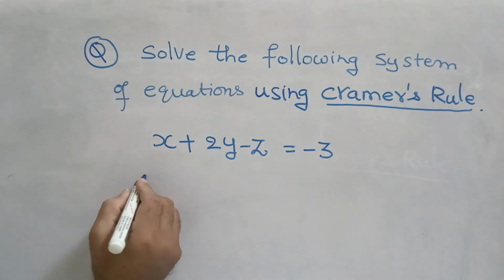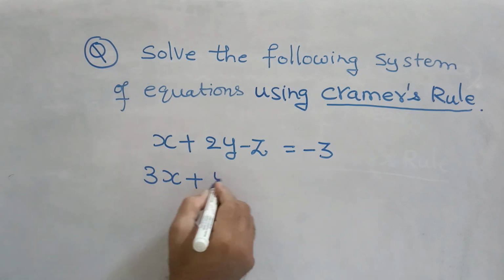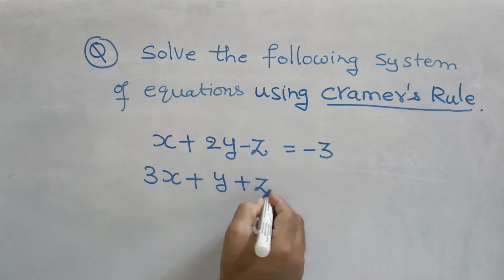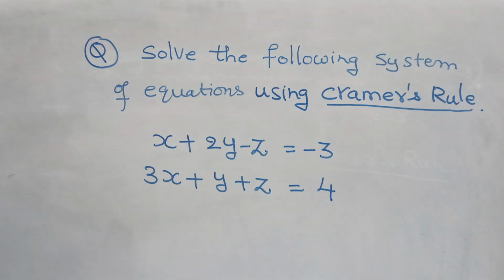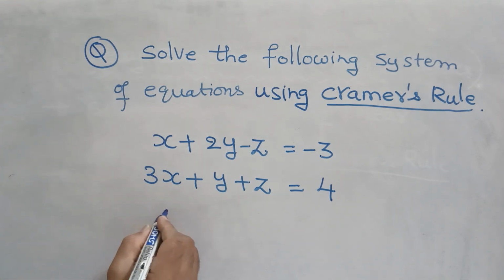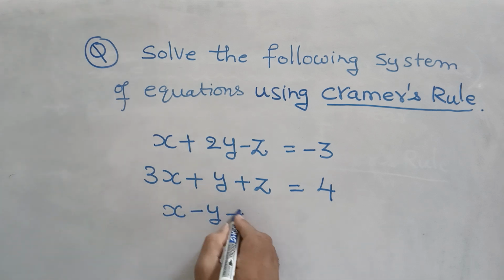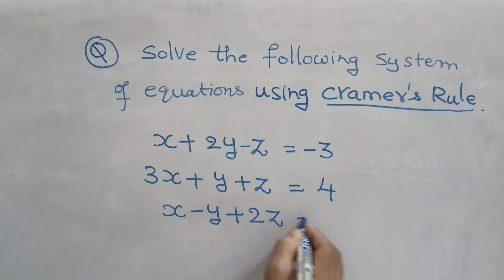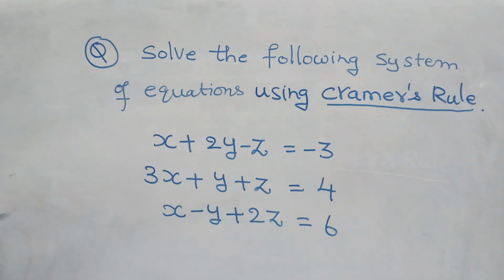There is another equation, that is 3x plus y plus z is equal to 4. This is another equation. And there is one more, the third equation, that is x minus y plus 2z is equal to 6. These are the given equations.